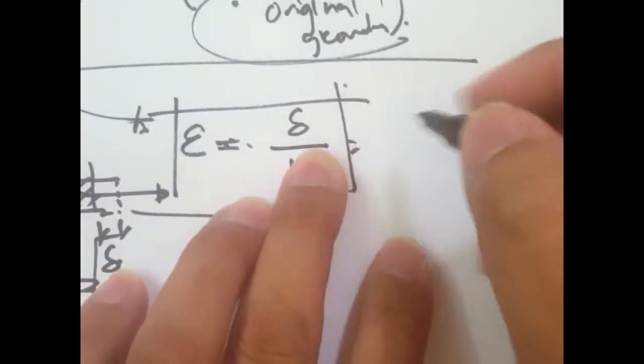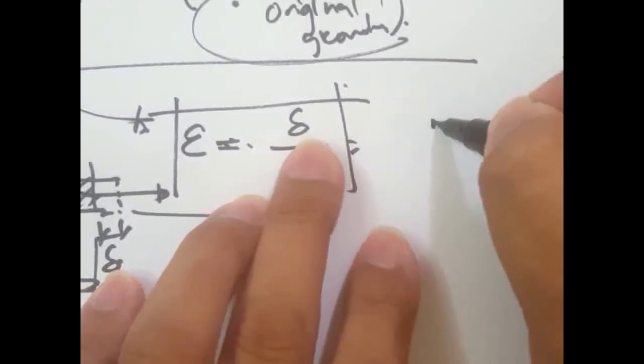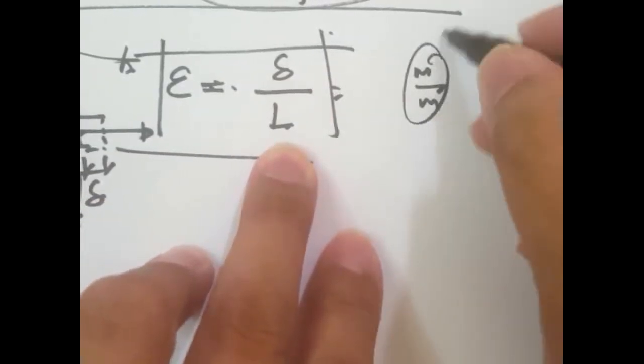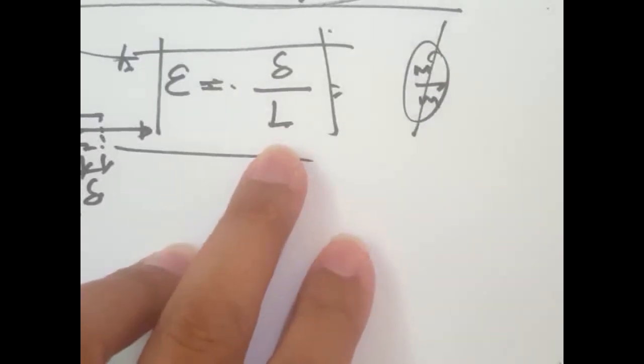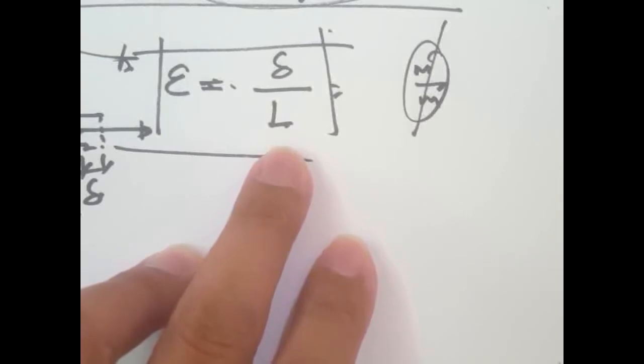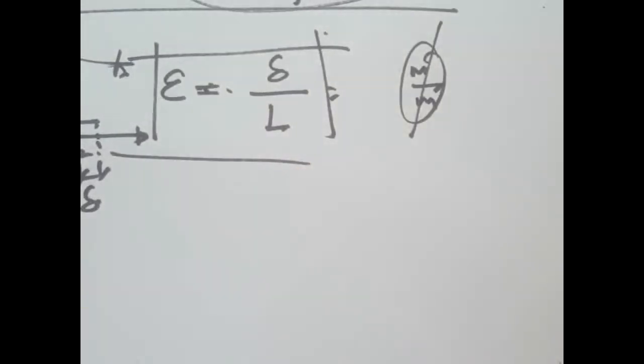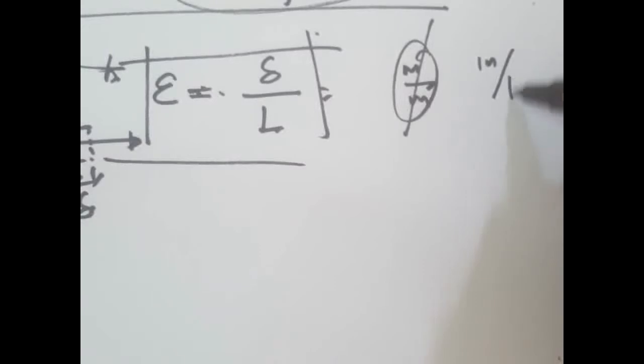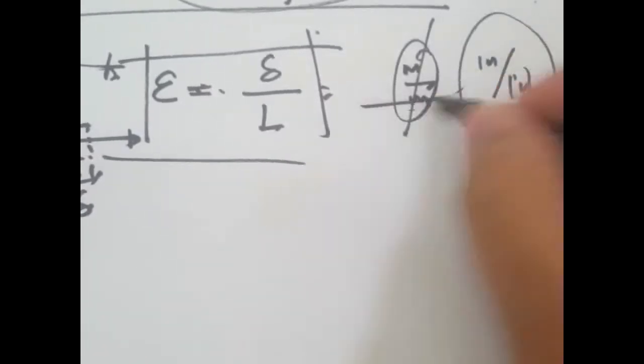Deformation is measured in terms of length, right? So let's say this is in meters or millimeters, and this one is also in terms of length. So that's why the unit of strain is sometimes dimensionless. However, sometimes it is expressed in terms of percentage, or in microstrains, or as a ratio of, let's say, inch per inch, something like that.